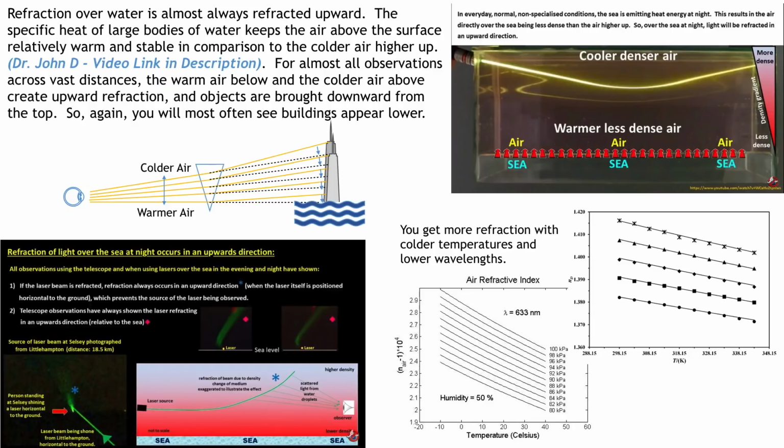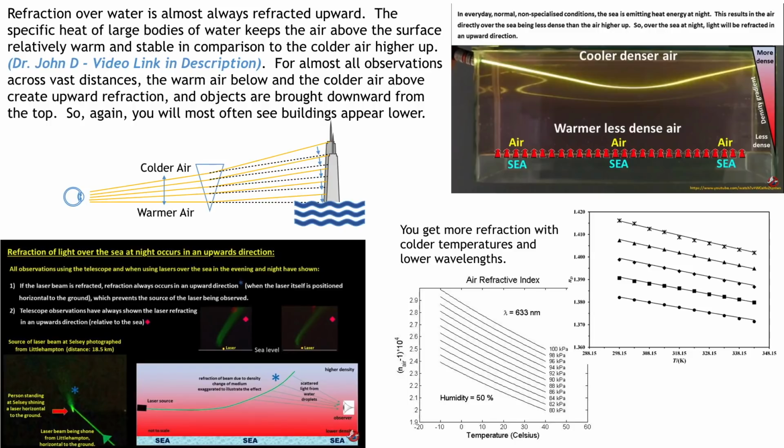So when we view laser experiments, let's say, or laser observations across bodies of water, you'll see that they are refracted upward. And that is just the nature of that warmer air creating a less dense layer above the water.